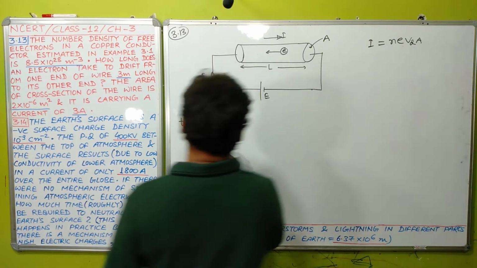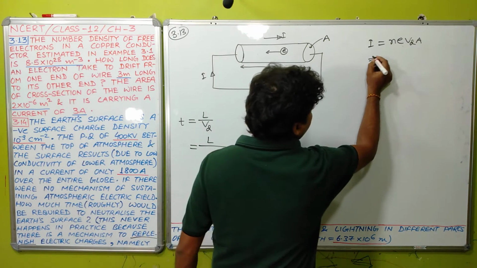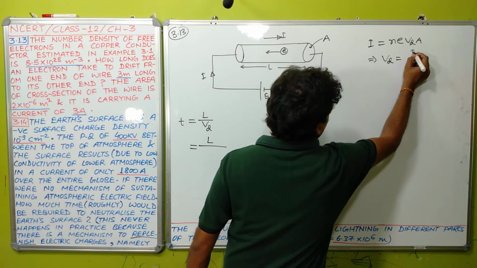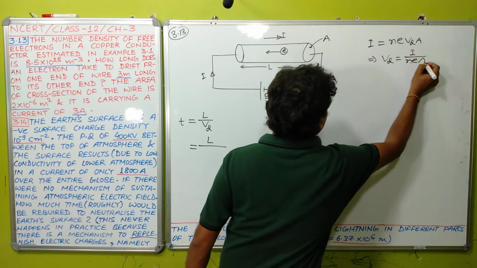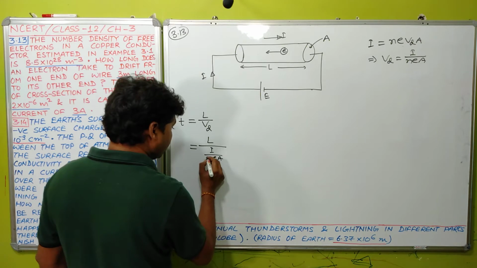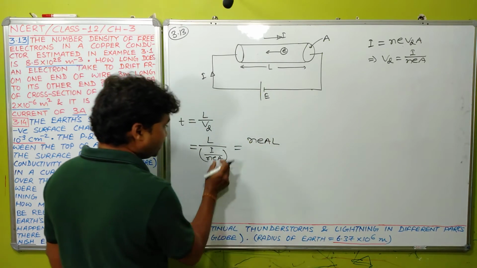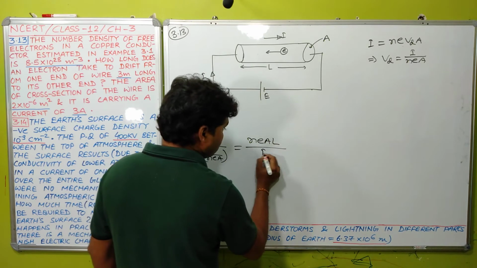So from here you can write t equals L by Vd, and Vd equals I by nEA. So t equals n e A L divided by I.